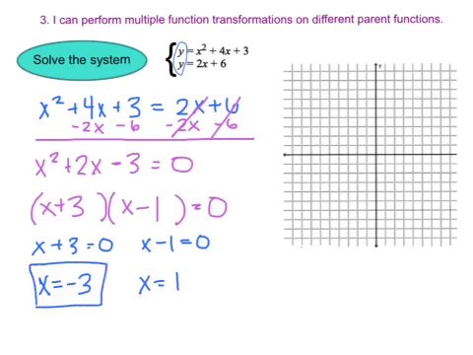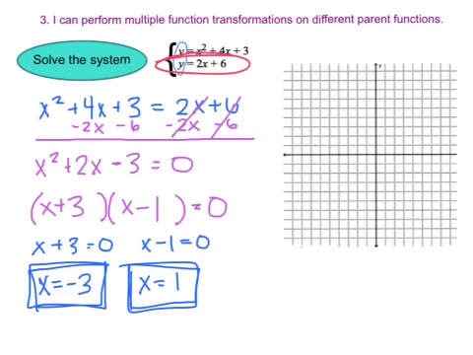However, these are not our final answers since they're not ordered pairs. So, let's go ahead and find their corresponding y values by plugging into our bottom equation. y equals 2 times negative 3 plus 6. Negative 6 plus 6, y equals 0.